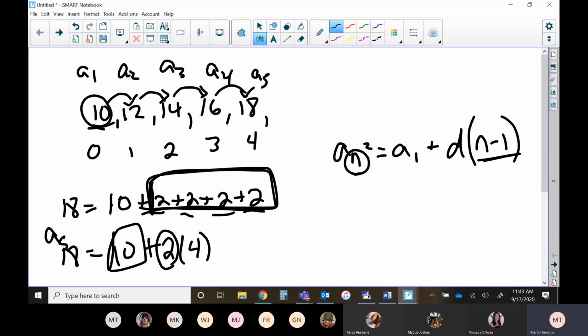Because n is the 100th term, and the first term doesn't get a common difference. So the term is always 1 ahead of how many common differences I've added. I'm on the 100th term, but I only got 99 common differences.